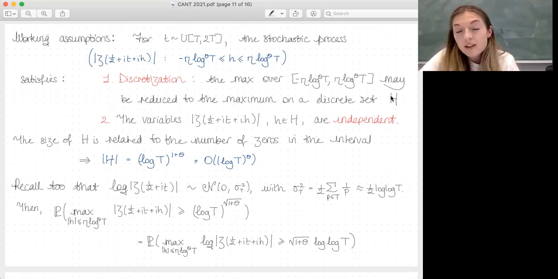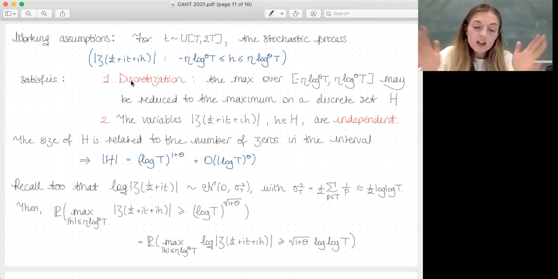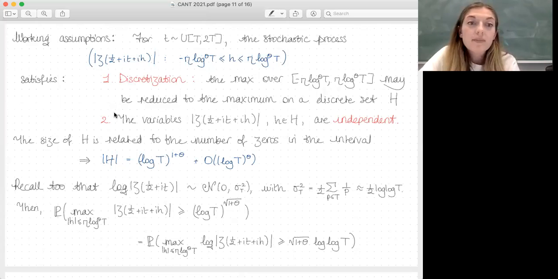I'm going to bury the details here, but you can define this discrete set H, and it's related to the number of zeros in the interval. So assumption 1 is that you can go from a continuous to a discrete set. The second assumption is that the variables at each of these discrete points are independent. You could have more of a conversation about how legitimate this assumption is, but it works well enough for the numerics.